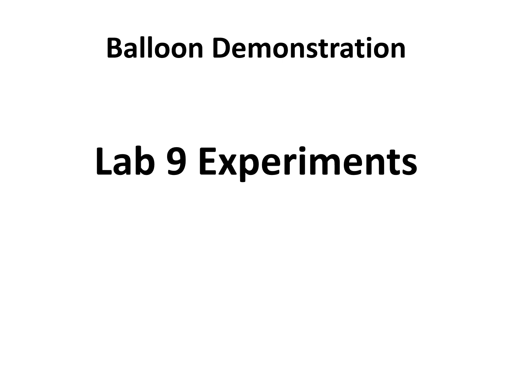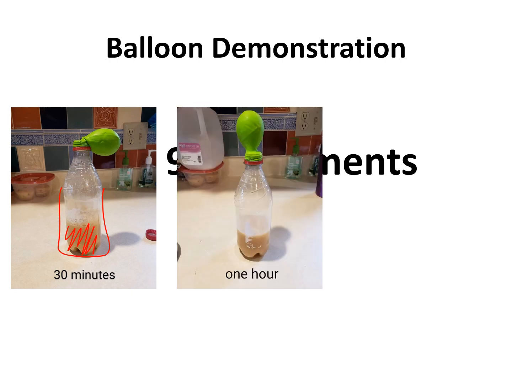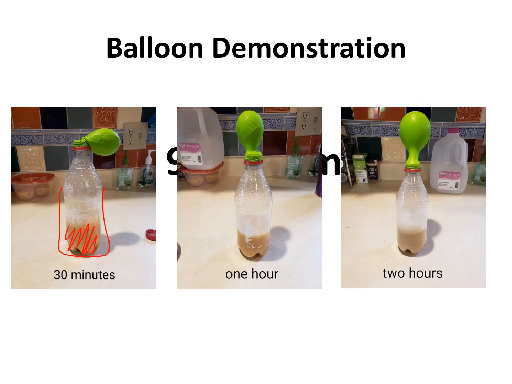So what you would have seen after 30 minutes is here, the bottle with the yeast and cider mixture and the balloon on top. After 1 hour, this is what you would have seen, and these are the results you would have seen after 2 hours. So use these pictures as your observations to answer the questions in the lab report.